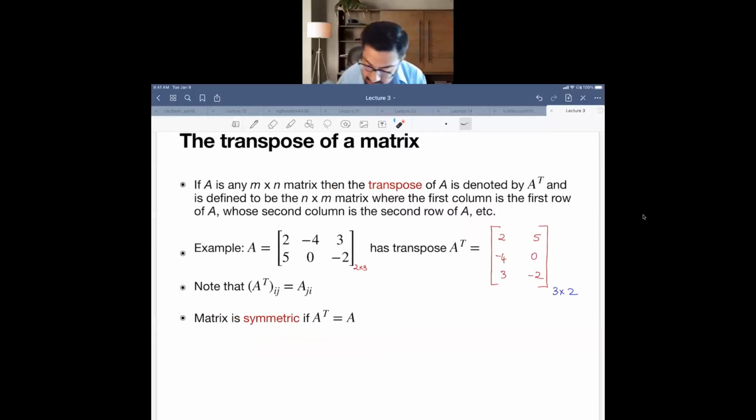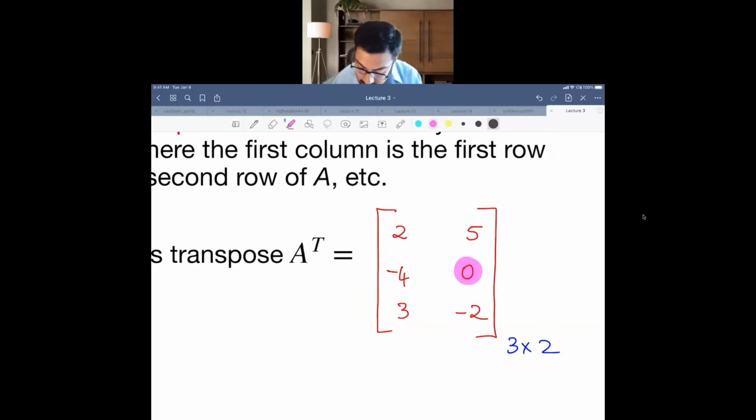Let's pick this 0. What can we say about this 0? It is an element in A transpose, and its location is second row, second column, 2 by 2.